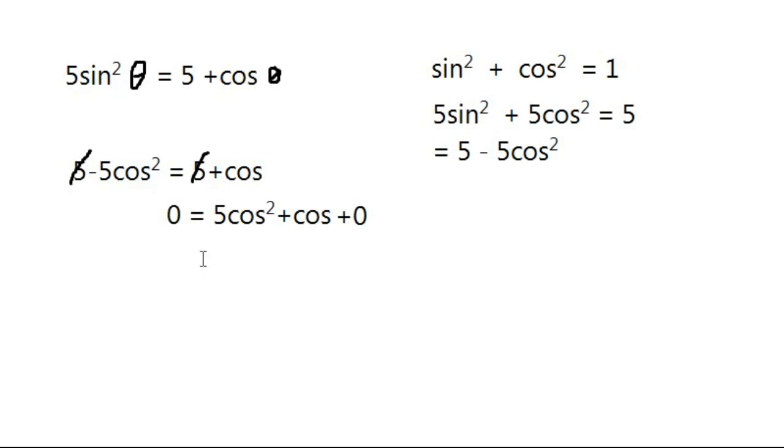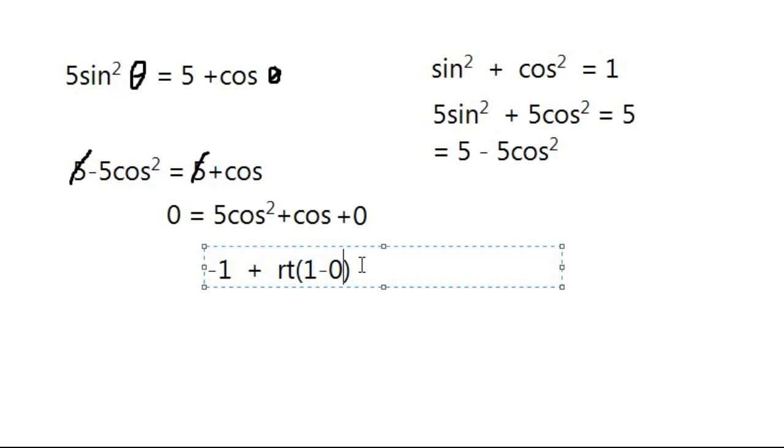You will need to use the quadratic formula, so the first thing will be negative b, then you do a plus or minus the root of b squared, which is 1, minus 4ac, which is 0 because c is 0, and that all divided by 2a, which is actually 10, and that will be our answer for what cosine theta is.